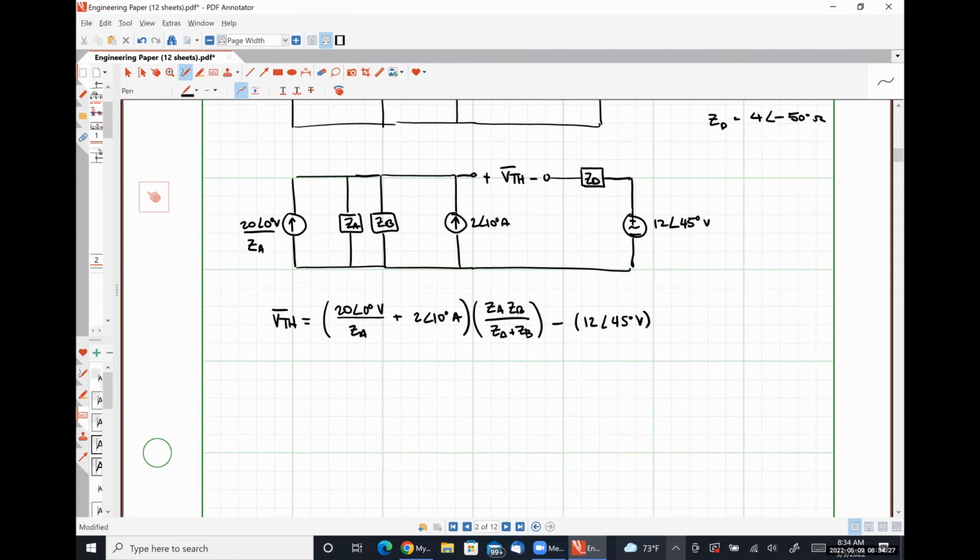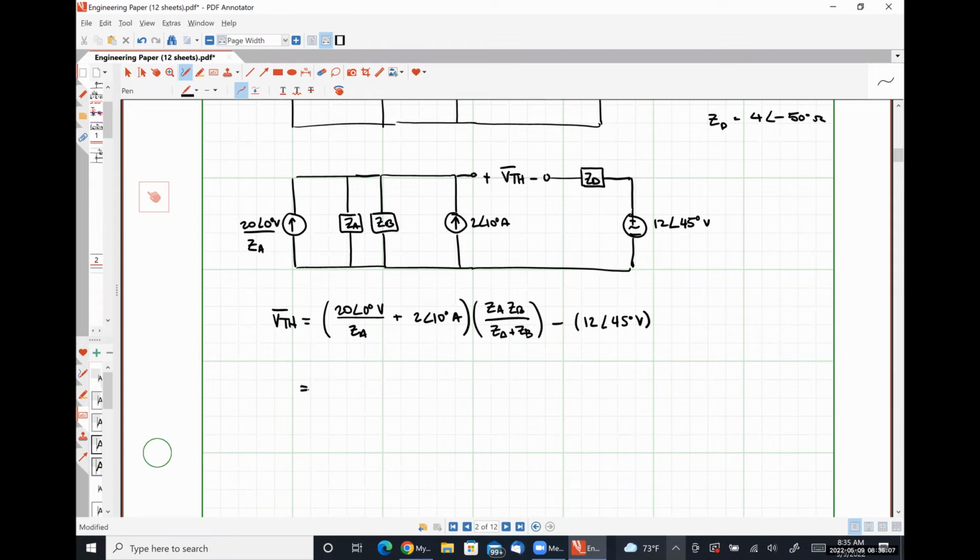So I'm going to throw this into my calculator. So that's 20 over A plus 2 angle 10 times A times B over A plus B minus 12 angle 45.